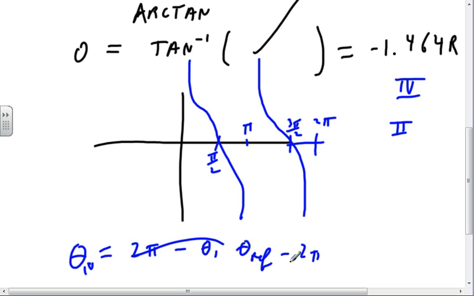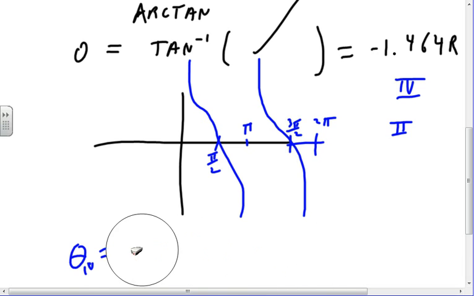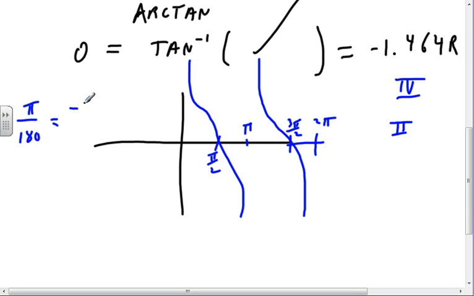I don't know what quadrant I'm in. We're going to have to shift 1.464 radians to degrees, so we'll do it on the side over here. So pi divided by 180 is equal to minus 1.464 divided by some number of degrees.